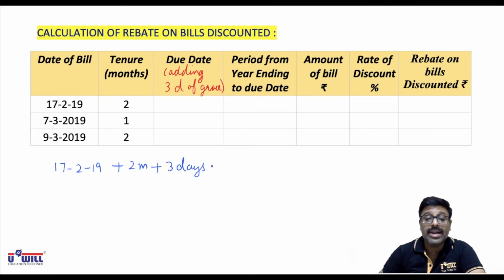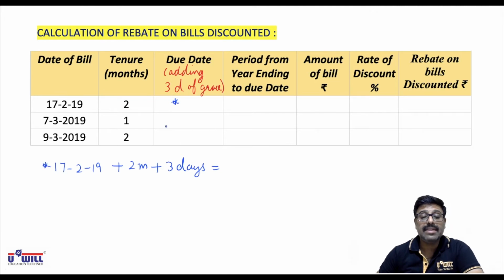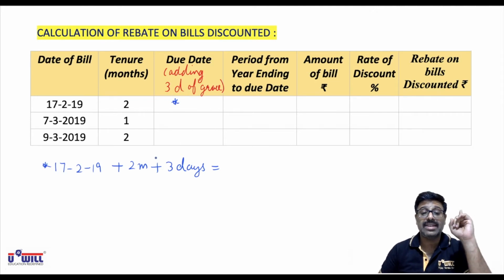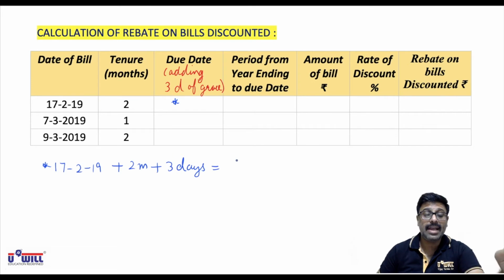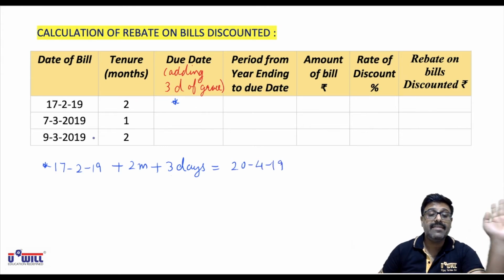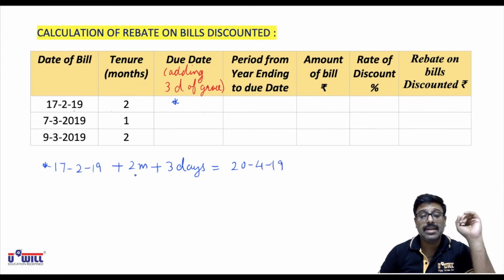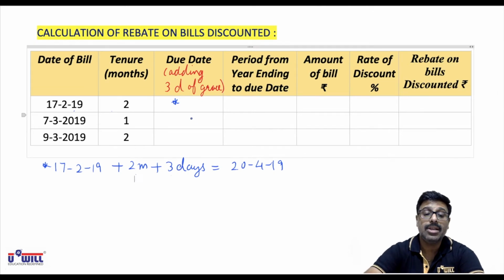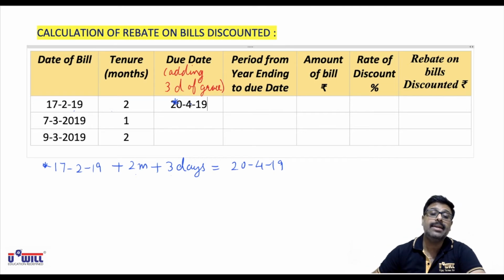What is the due date we get for the first one? 17th February plus 2 months: 17th March, 17th April. 17th April plus 3 days: 18, 19, 20, so 20 April 2019. So all of you write down the first due date is 20 April 2019.